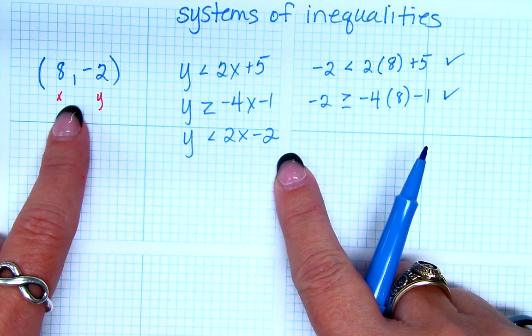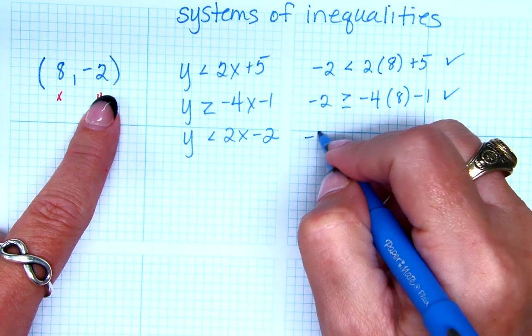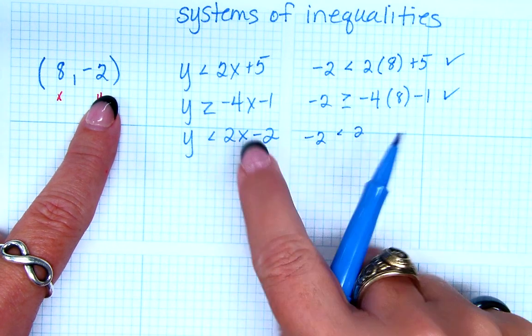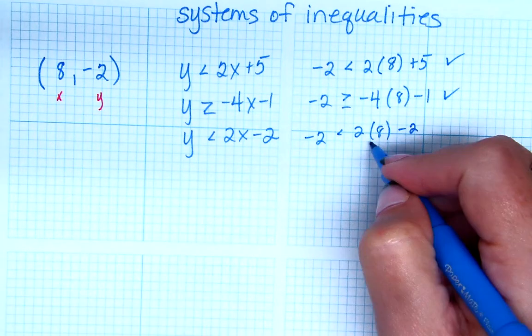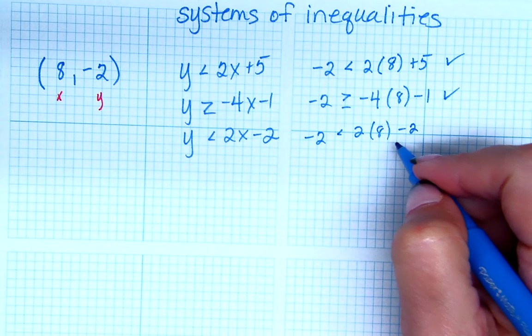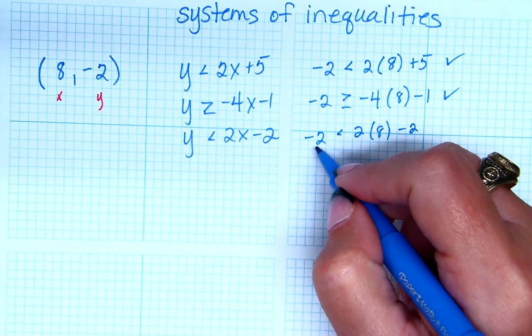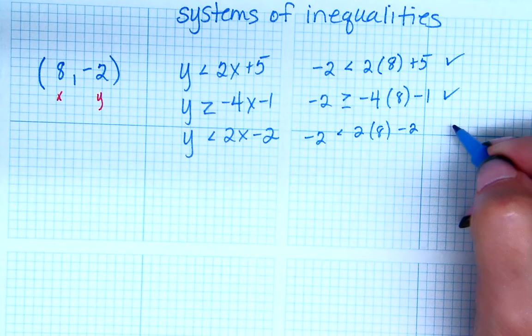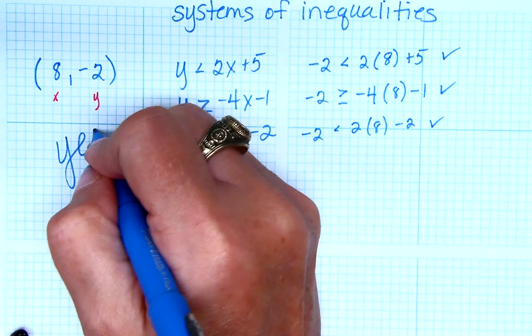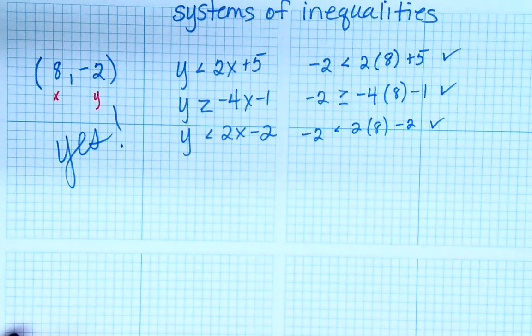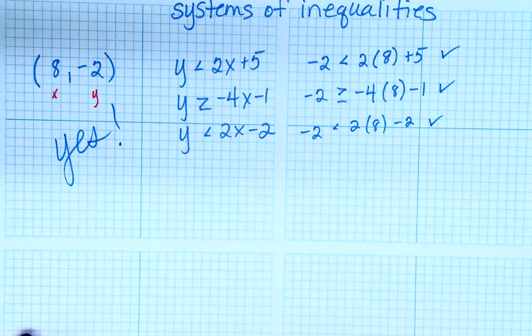Got to check the last one. -2 is less than 2 times 8 minus 2. 2 times 8 is 16. 16 minus 2 is 14. Is -2 less than 14? Yes. So now can I tell what the answer is? That's for the whole question.